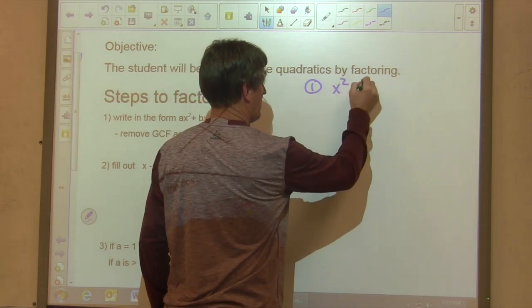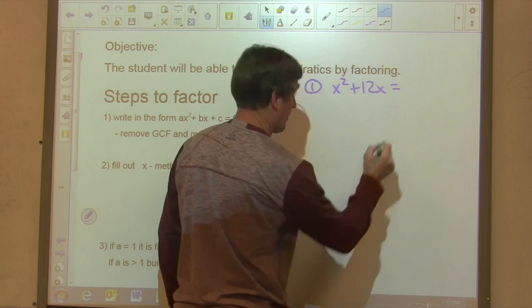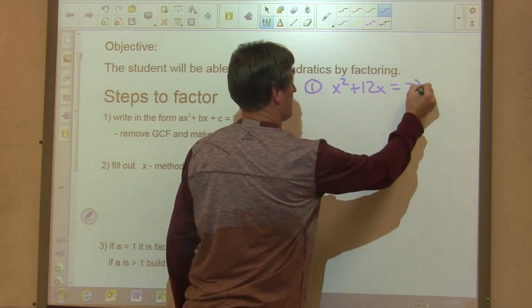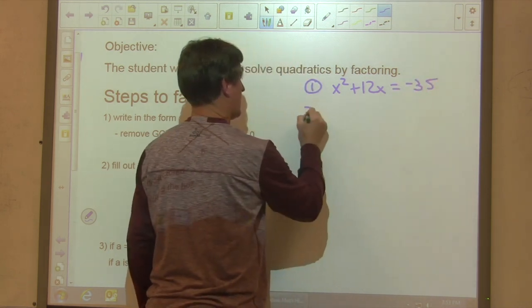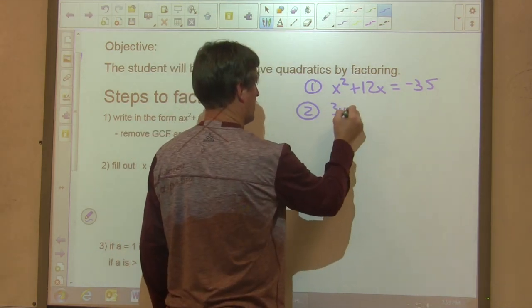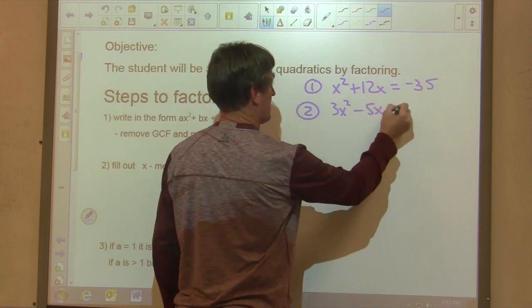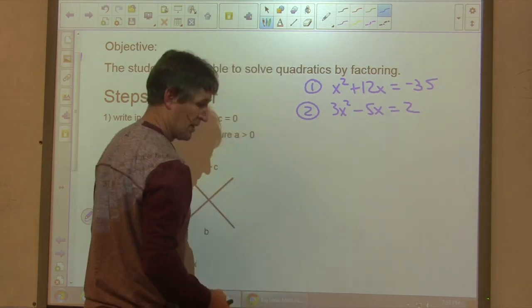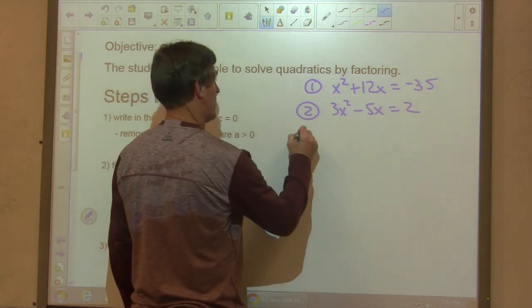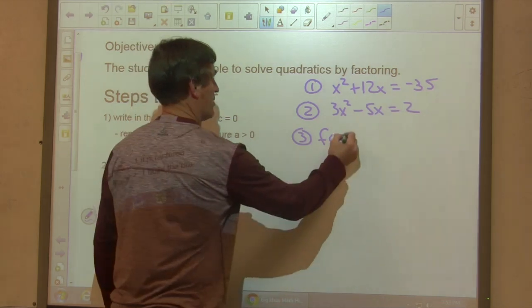X squared plus 12x equals negative 35. The second one, 3x squared minus 5x equals 2. And then the last two are in function notation, so you're going to find the zeros.